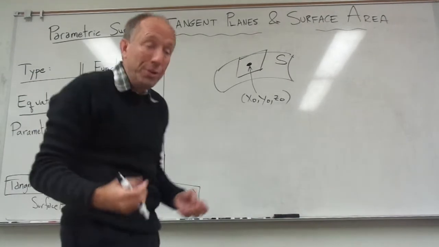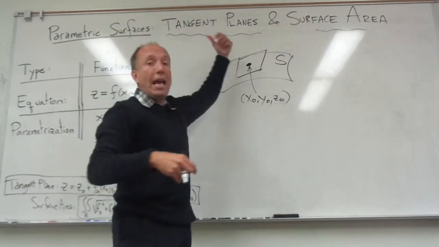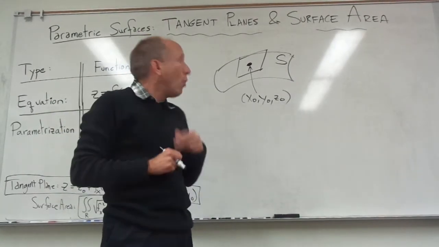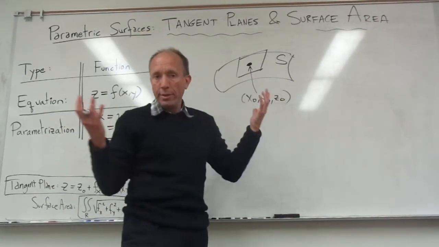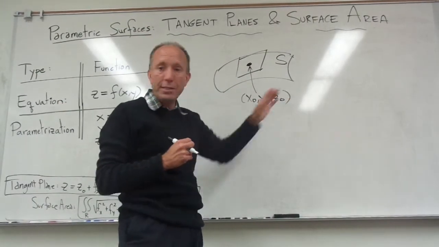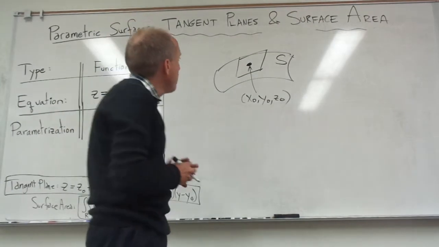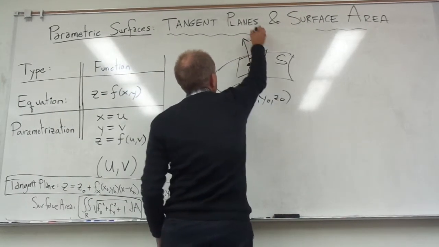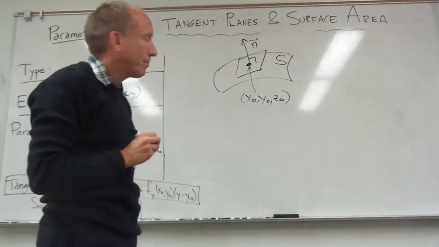Well, as you know, to write down the equation of any plane, there's two main things we have to have. One of them is a point on the plane, which would, of course, be this point right here, x naught, y naught, z naught. Okay? And the other thing that you need is a normal vector to the plane. I'll call that n.